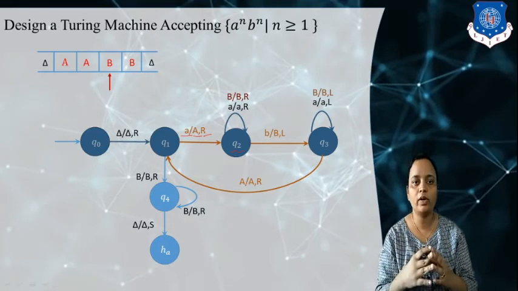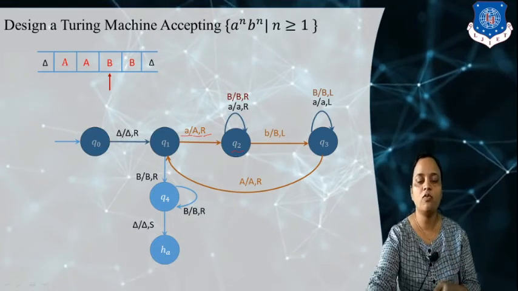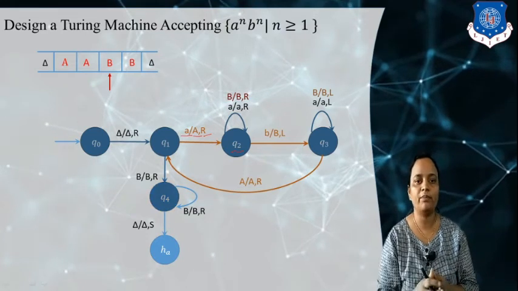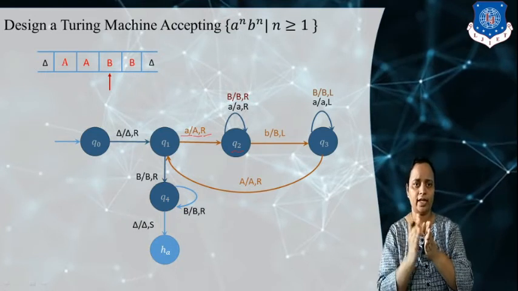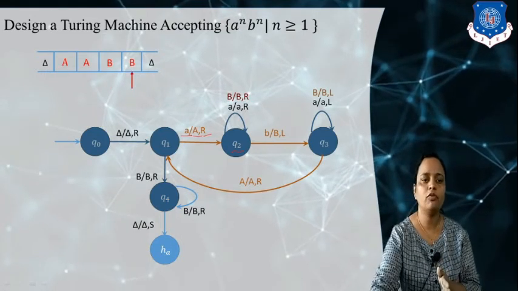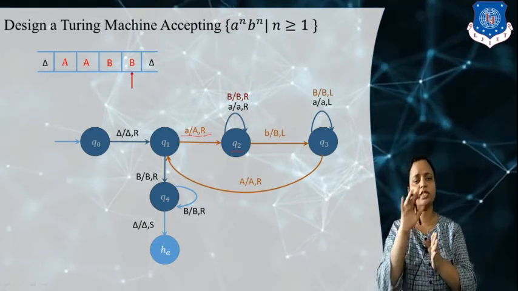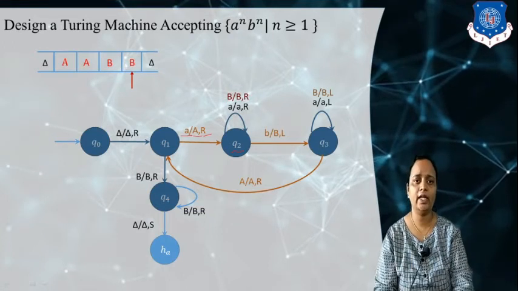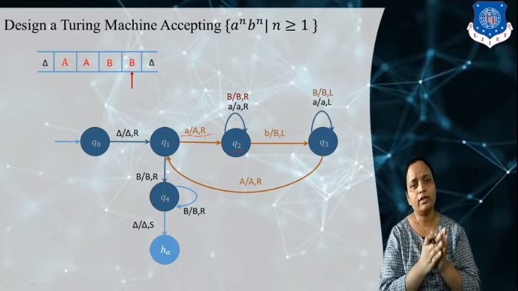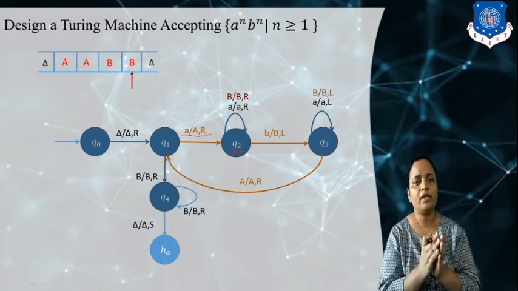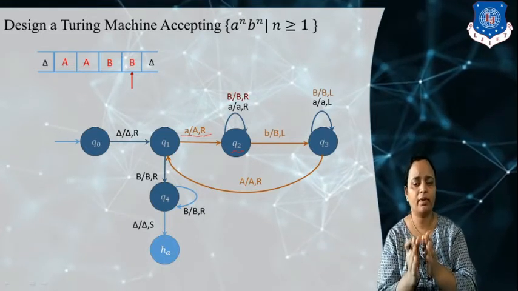So how are we going to check this? At the Q1 state, if I get capital B, capital B is replaced by capital B and we move to the right direction. Now at the Q4 state, this self loop indicates that the capital B's to the right need to be skipped.